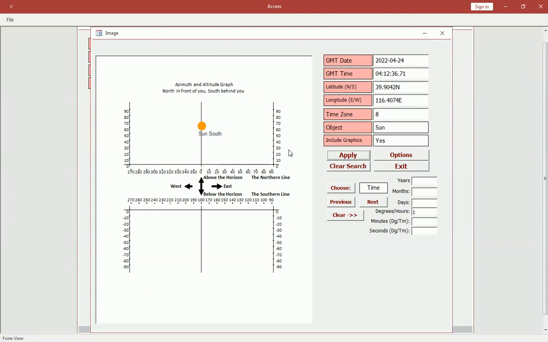Noon is the transit of the sun, and the transit of an object is when the object is exactly to the north of us or to the south, and it is at the highest altitude that day. So at this date, at this location, the sun at noon was about 65 degrees.